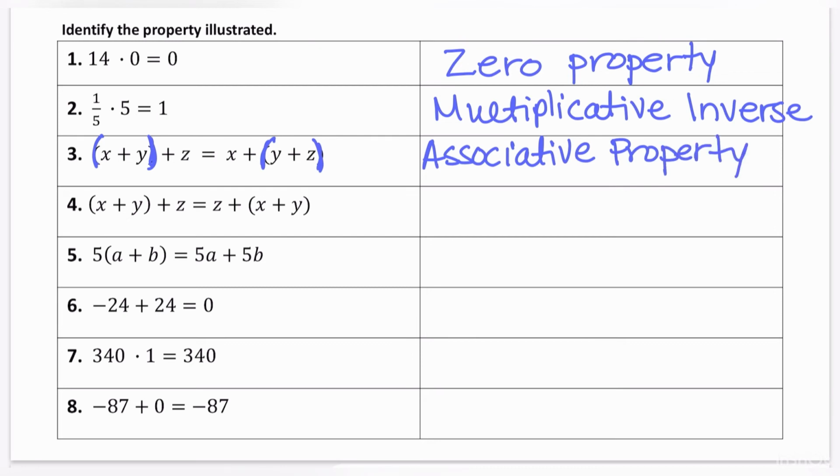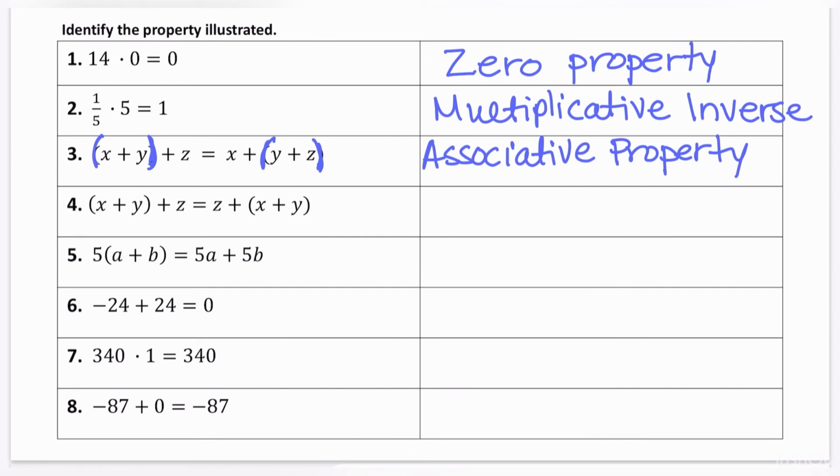In question number 4, notice we also have parentheses, and it does look like it is also associative, but let's check to see if the order has changed. We have x plus y plus z, z plus x plus y. So the order has changed. Now let's look to see what is actually in groups.